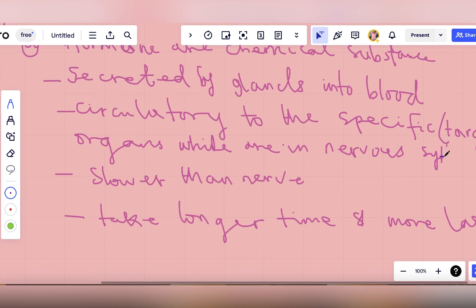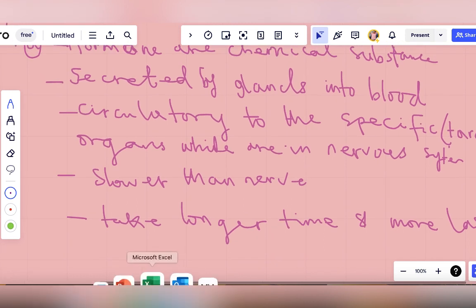Here we mention hormones are slower than nerves. I did write hormone, but you should write hormones are slower than the nerve cells. Hormones take longer time than the nerves. And the hormones are more lasting. This is another point you can bring down here.